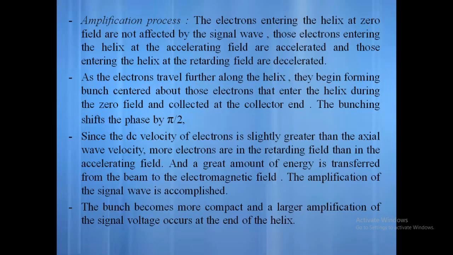See that the electrons entering the helix at zero field are not affected by the signal. Whenever the beam passes at the center of the helix, there will be no effect.